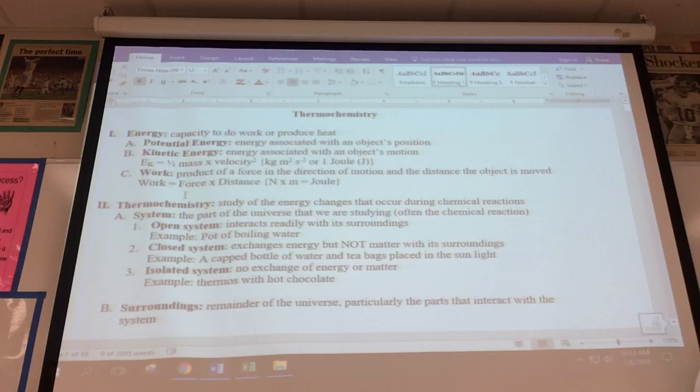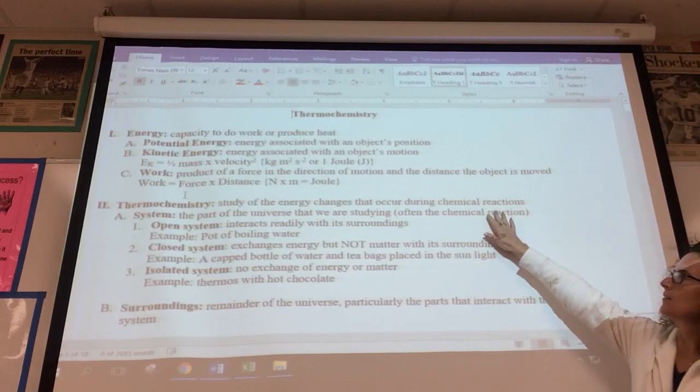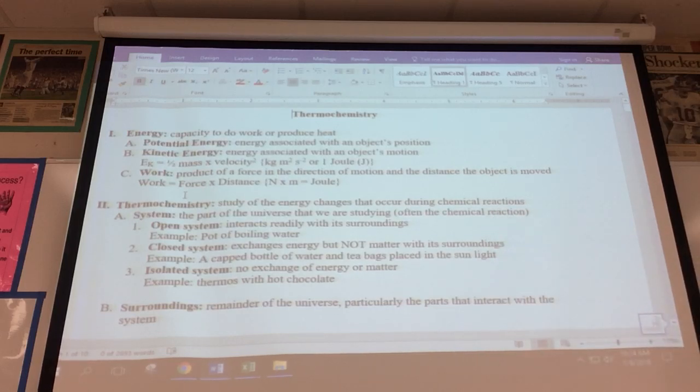I think that will help with a lot of the concepts, so we really can focus on some of the calculations you may be asked to do. We've seen thermochemistry asked quite a bit on part 2, so I would think you'll have more of the same this year. Thermochemistry, we're going to see, is the study of the energy changes that occur during chemical reactions.